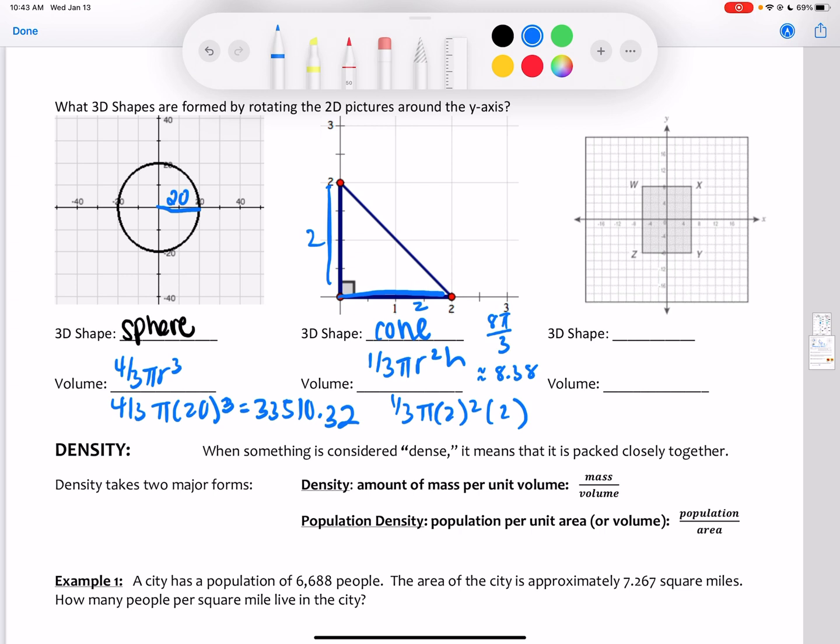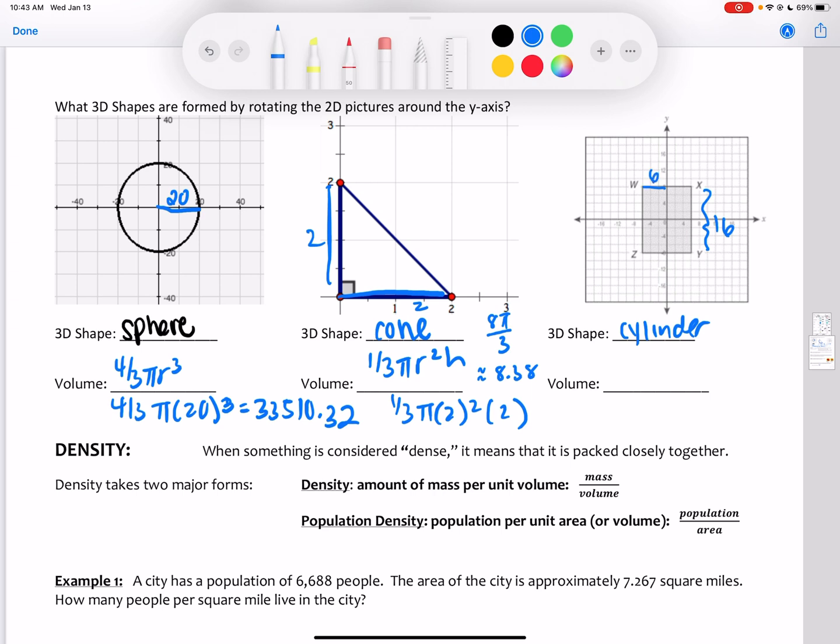All right, this last one, if I rotate that rectangle across the y-axis, it's going to create a cylinder. And we have the height of the rectangle, which is going to be 16. This little piece here is going to form the radius, so that's going to be 6.